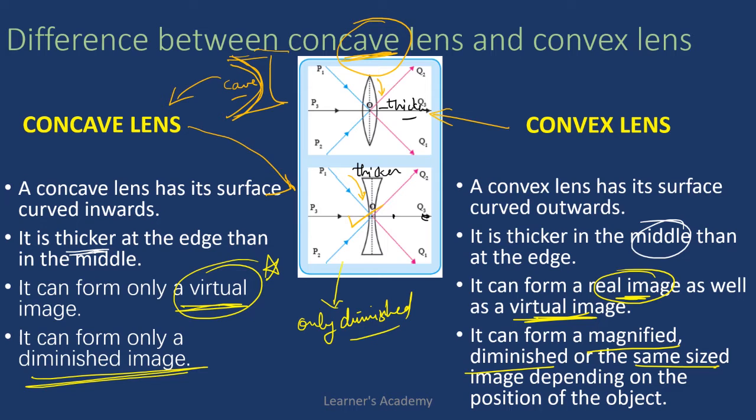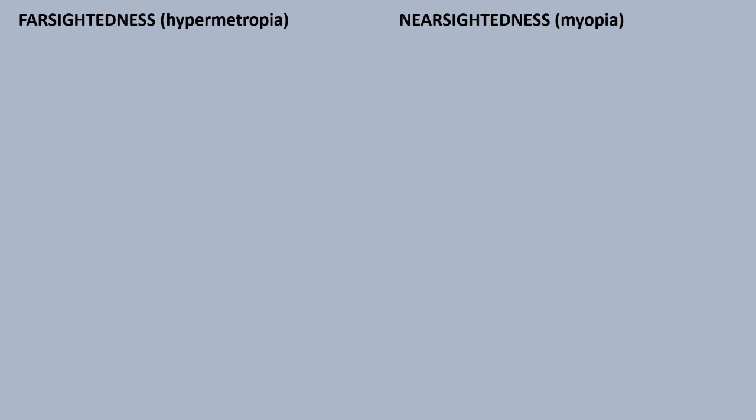In this, we are going to see what is the difference between farsightedness and nearsightedness. So this is a very confusing term for most of the students because sometimes they confuse farsightedness with myopia and nearsightedness with hypermetropia. So how to remember that? See, hypermetropia is a very long word, isn't it?